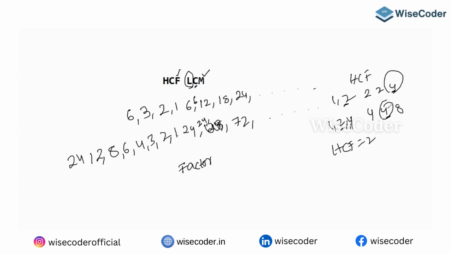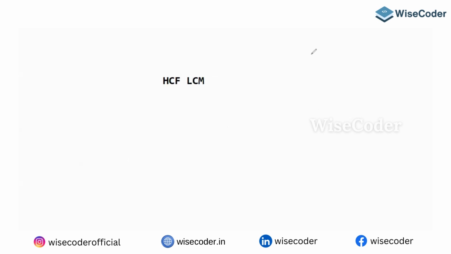Sometimes people say greatest common divisor of a set of numbers. This means the largest number that can completely divide all the given numbers.